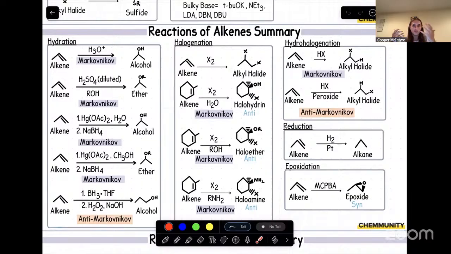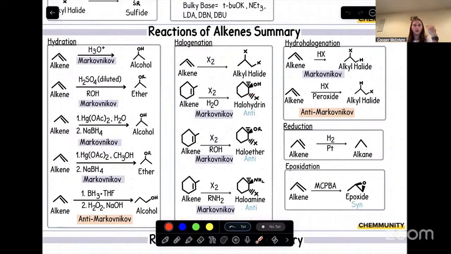Now, in terms of regioselectivity, which we just covered with the Markovnikov and anti-Markovnikov reactions, we can also have stereoselectivity. So we can have what are called anti-additions and syn additions. And what that's looking at is the relationship between the new groups that we just added across the alkene. So for example, if we're looking at a halohydrin that we just formed, this alcohol is wedged and it's an anti-addition because our halide that we added is dashed.